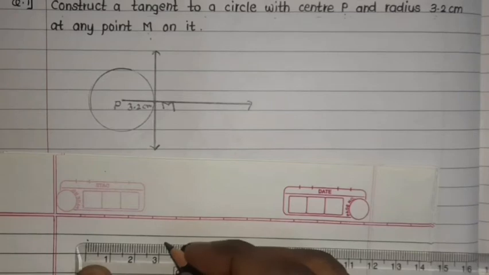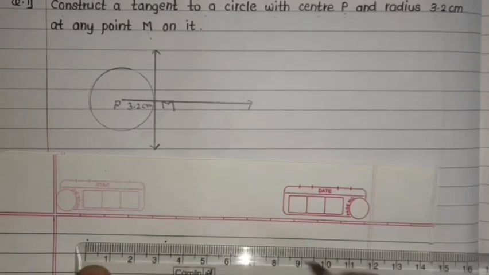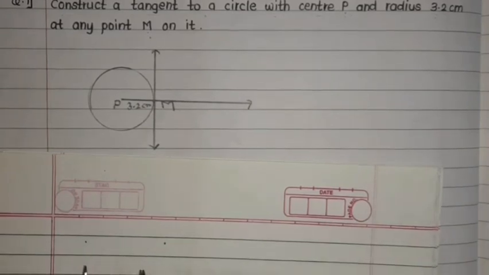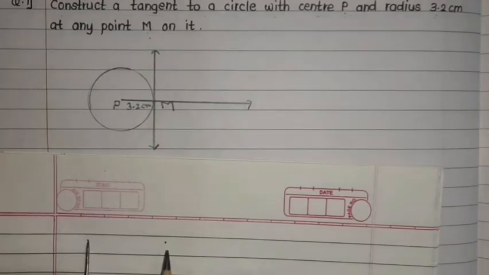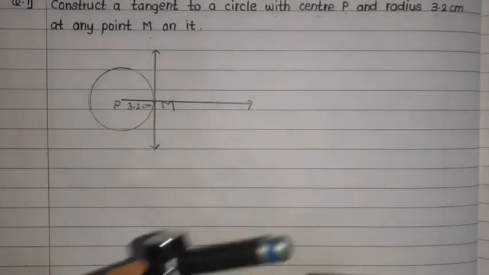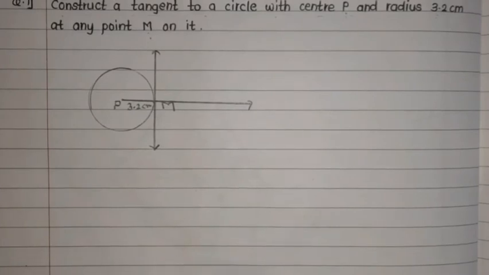After this 3, we take two lines, 2 millimeter. Now the distance between these 2 points is 3.2 centimeter. We put the metal point on one point and adjust the pencil point on the second point.